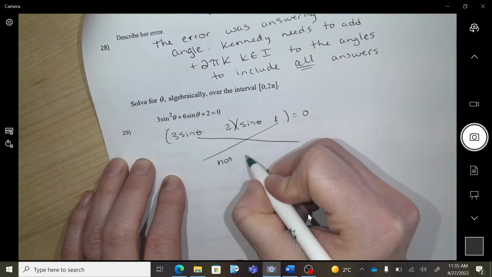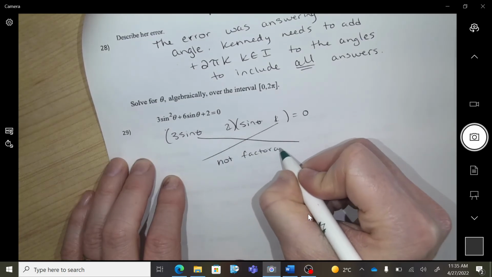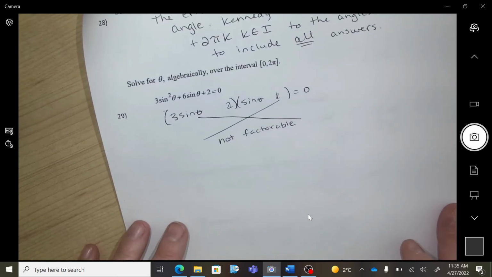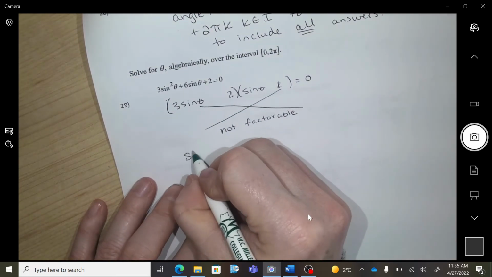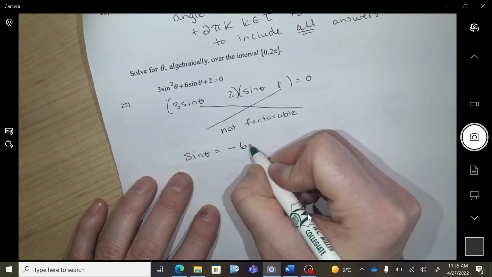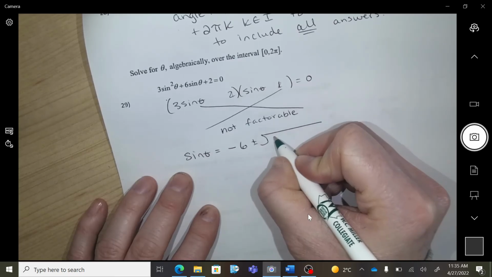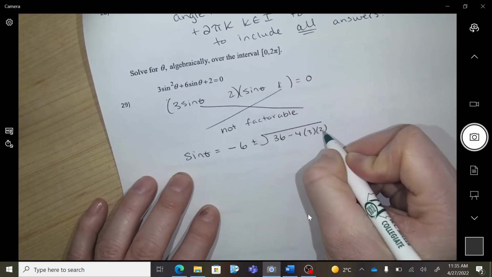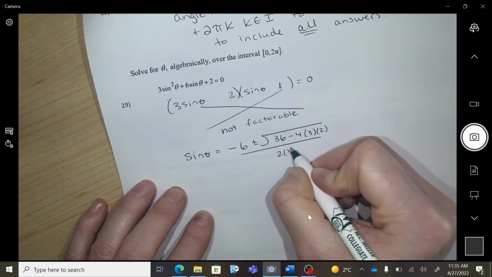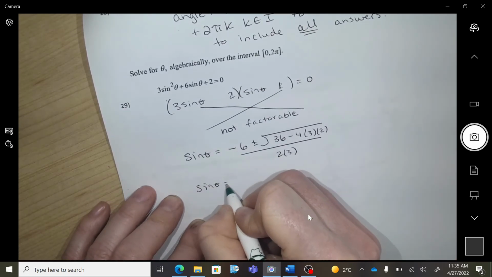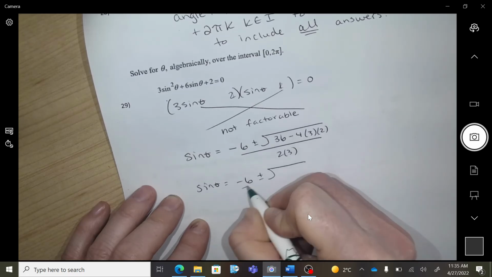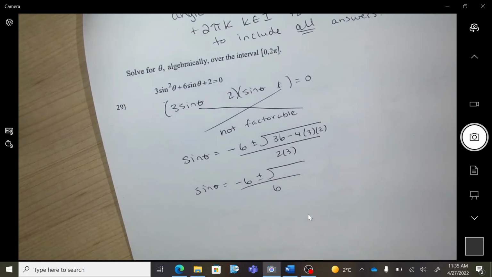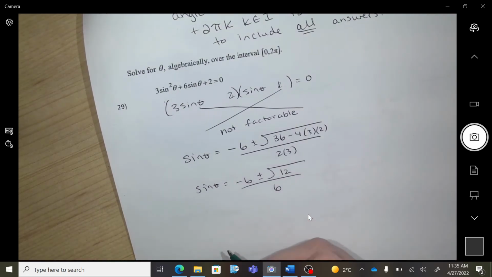So it's not factorable. Therefore, I'm going to go with the formula. So sine angle equals negative b plus or minus the square root of b squared minus 4ac, over 2a.